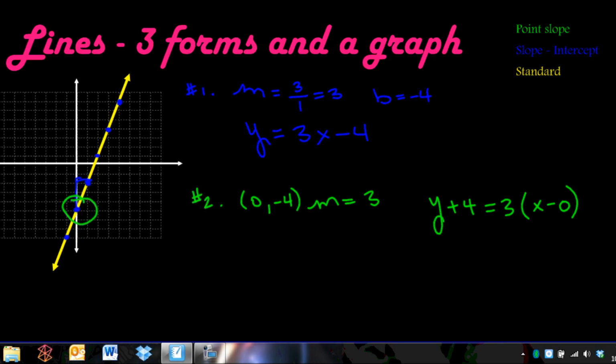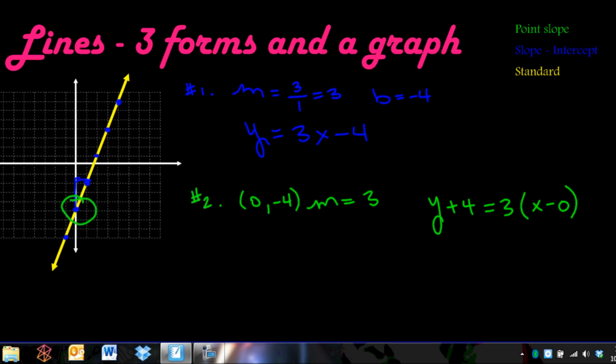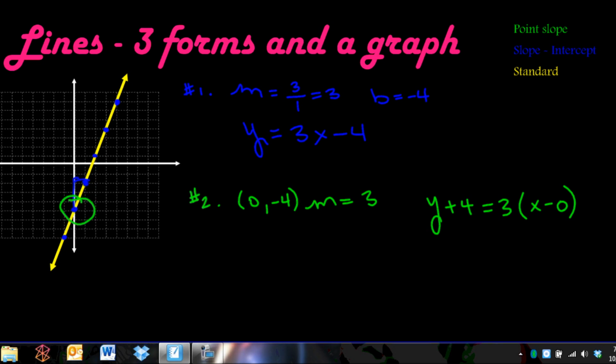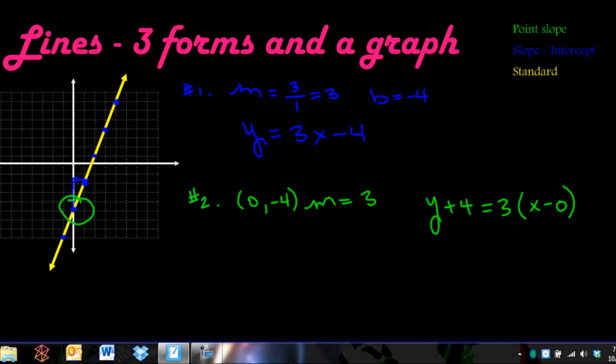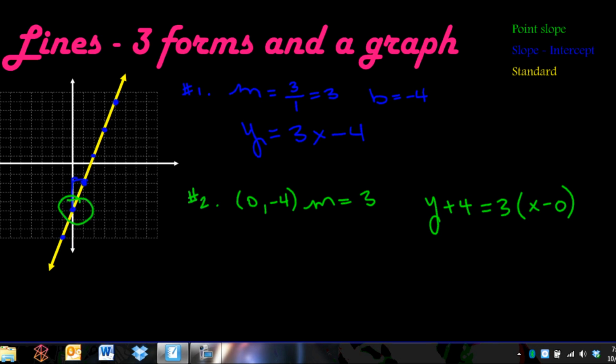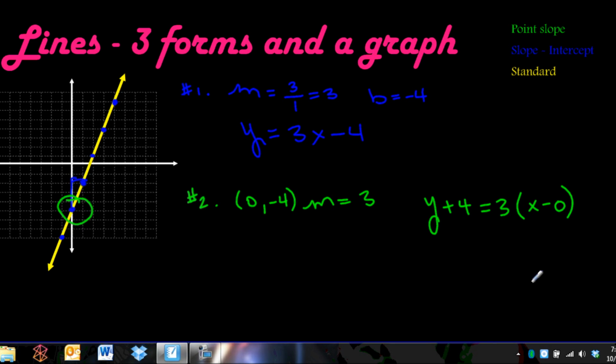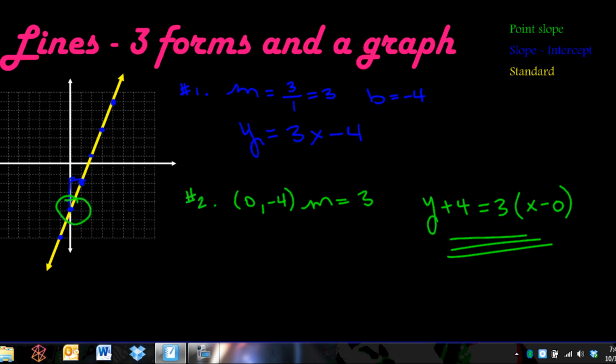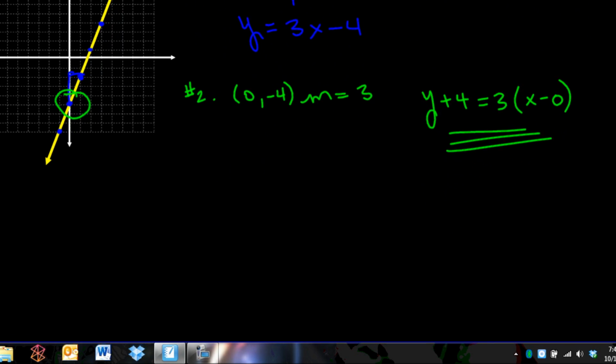Now, lots of students try to solve this and get y by itself. When I ask them for point-slope form, you get to stop here. Leave the 0 in the parenthesis, leave the x in the parenthesis. This is point-slope form. Don't change it, or else you're going to change it into something else.